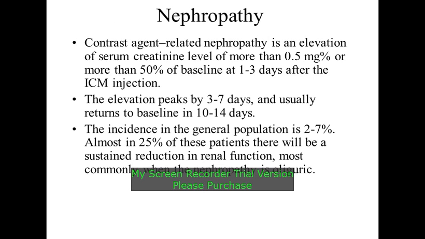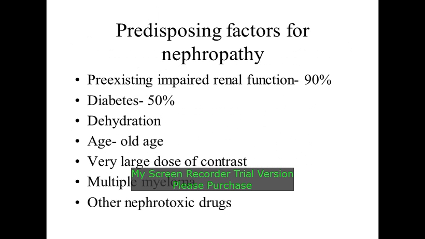What are the predisposing factors for nephropathy? Pre-existing impaired renal function, more than 90%, diabetes, 50%, dehydration, old age, very large dose of contrast, multiple myeloma, and other nephrotoxic drugs.